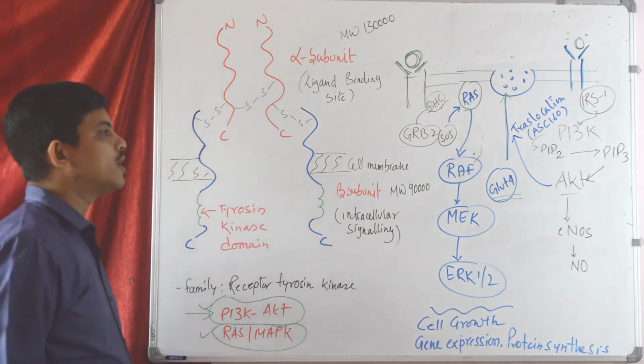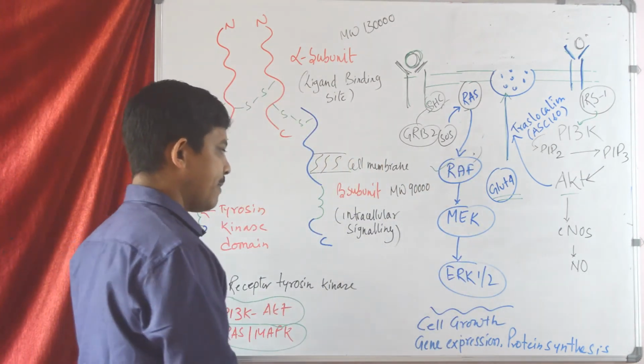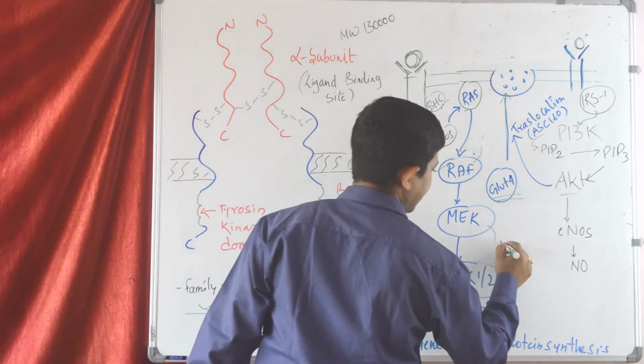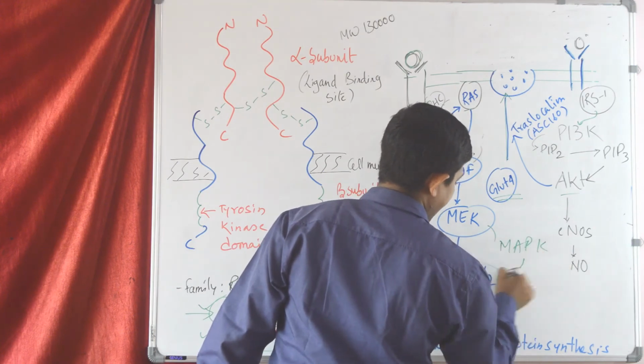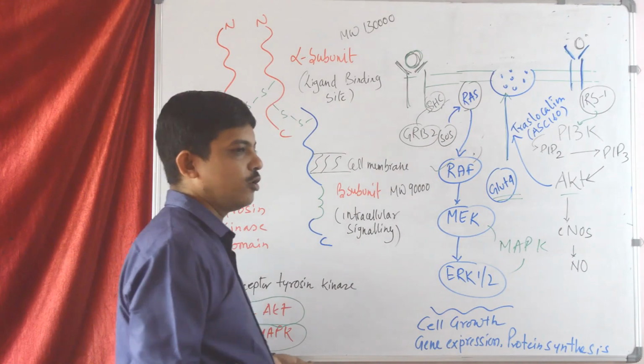Then RAF is activated, then MEK, then MAPK, and then ERK activation, all of this happens.